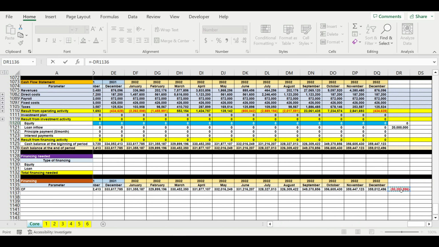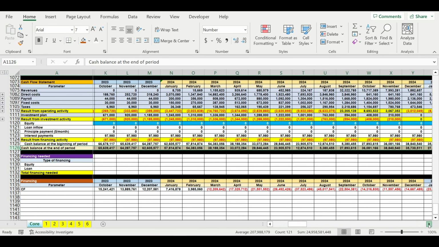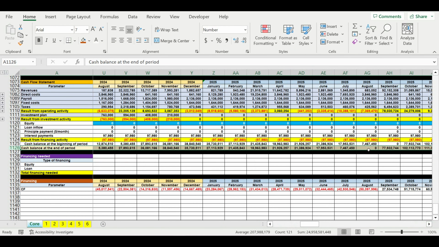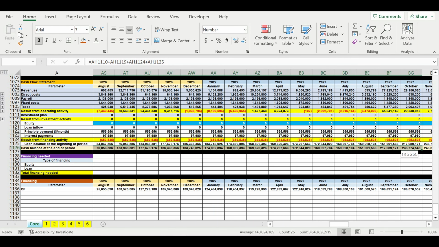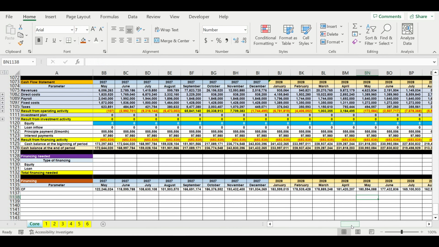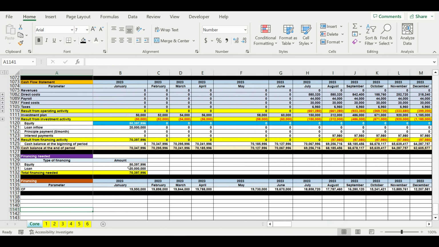So if we look at cash balance at the end of the period, this is mathematical zero, and since this moment the project starts generating its own cash. So now I can build any scenario, and this table will automatically give me the amount of financing needed, with the rule that cash balance at the end of the period will always be zero or positive.